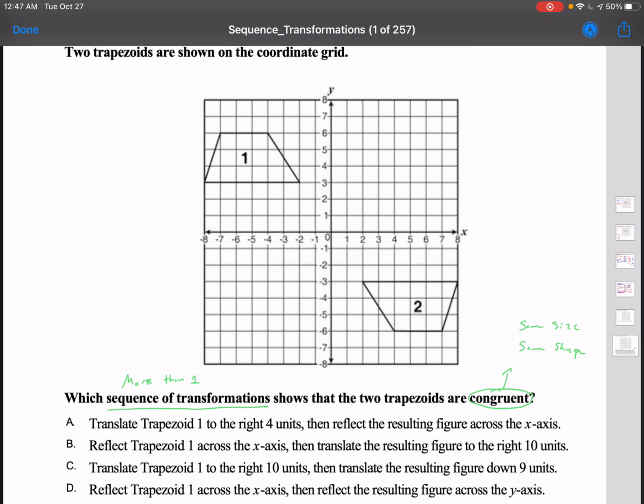So let's start with A. It says we translate trapezoid 1 to the right 4 units. So let's go ahead and do that right off the bat. I'm going to translate this shape 4 units to the right. So 1, 2, 3, 4.